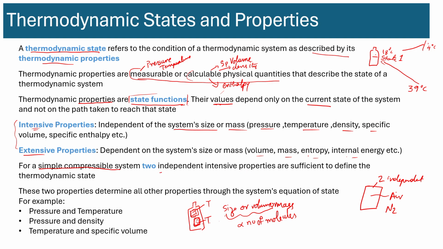Two independent energy properties are sufficient to define the state. So examples would be pressure and temperature, or pressure and specific volume, and we'll get into these properties soon. Temperature and density. Pressure and density. Any of those will describe the property of the system or that particular state.